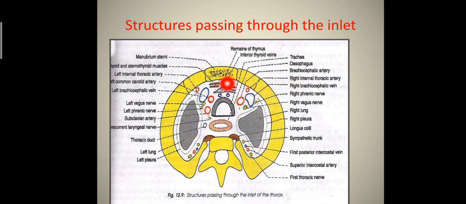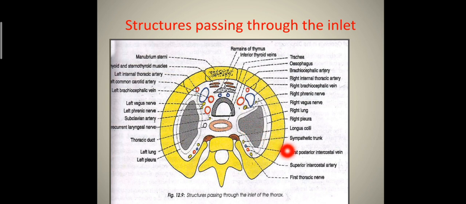The great blood vessels are, on the right side, the right brachiocephalic trunk or right brachiocephalic artery, and on the left side the left common carotid artery and left subclavian artery. Small arteries are the right and left internal thoracic arteries.